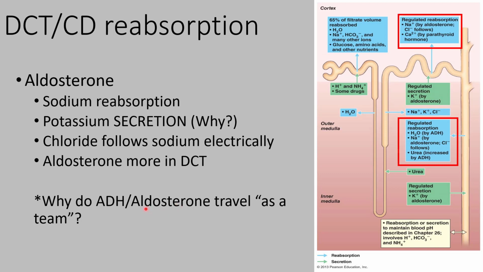Well, if you only had ADH being released, we would be inserting aquaporins, but big deal, there wouldn't be any solutes to pull water through, because aldosterone causes that. But if you only had aldosterone, we would be reabsorbing sodium, but there wouldn't be those aquaporins for water to come through.